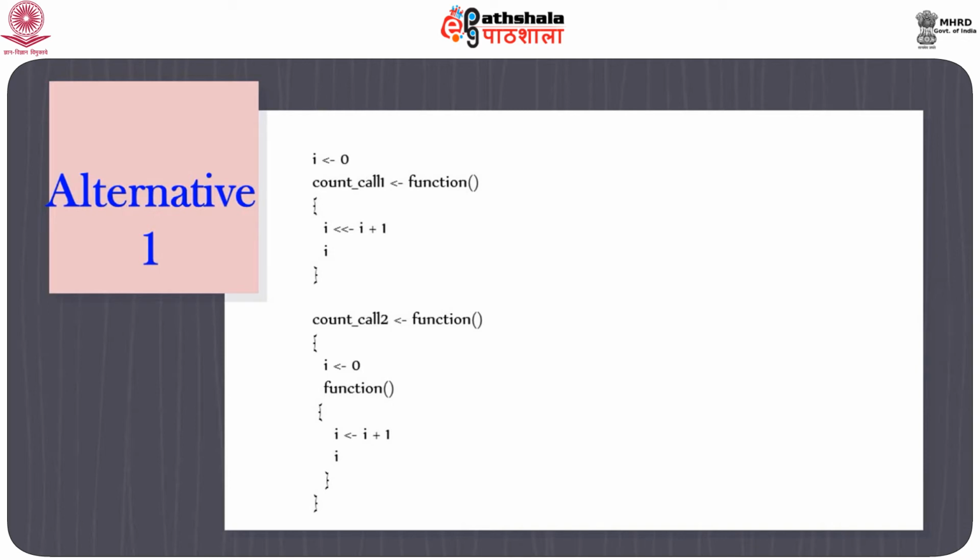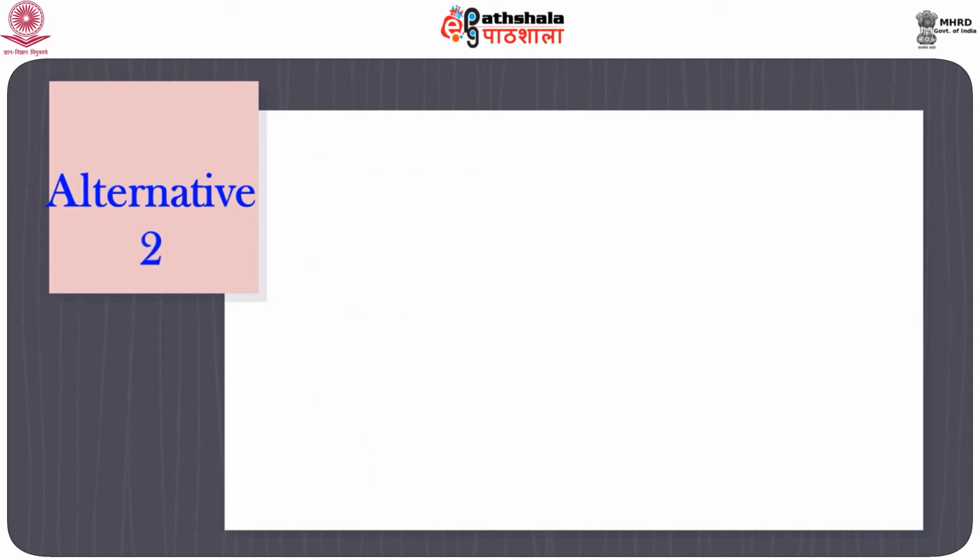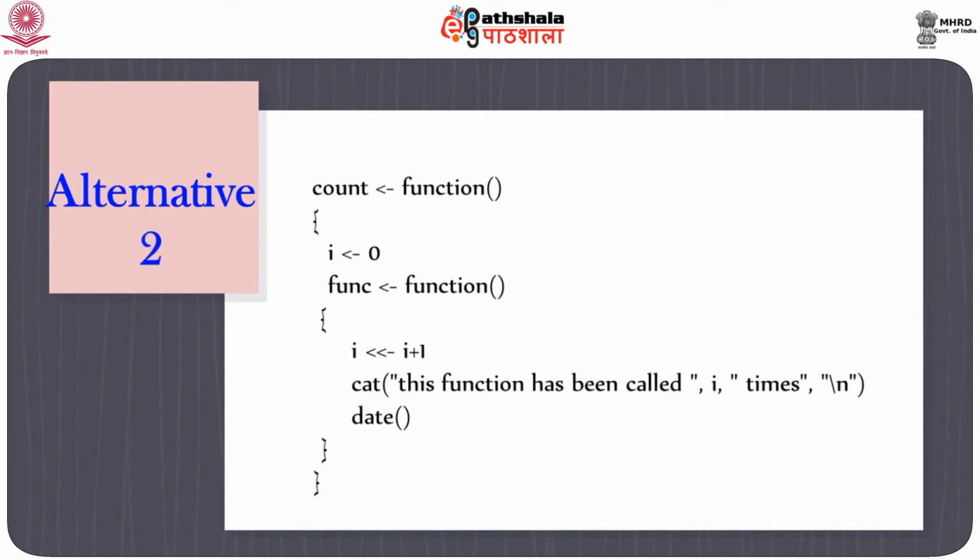Here, count_1 is a function where we are not actually using a closure, and count_call_2 is a function where we are using a single assignment operator, unlike the double which we discussed earlier. We may also put the function in a different way which will be even easier to understand. So, let us consider this.